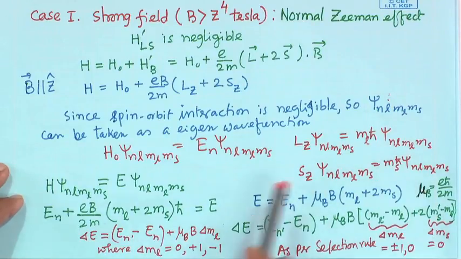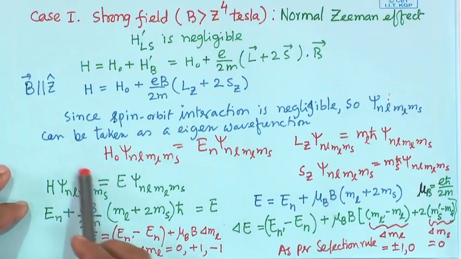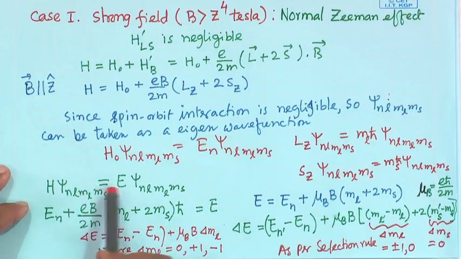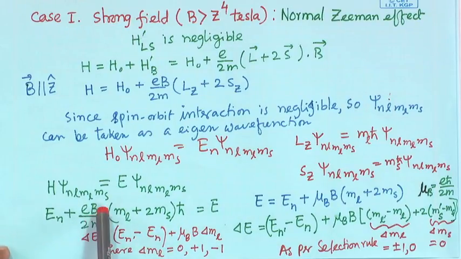Okay. So if we apply this Hamiltonian on this wave function, we will get the energy value E, and that energy value E will be E n plus eB by 2m times (m l plus 2 m s) h cross.